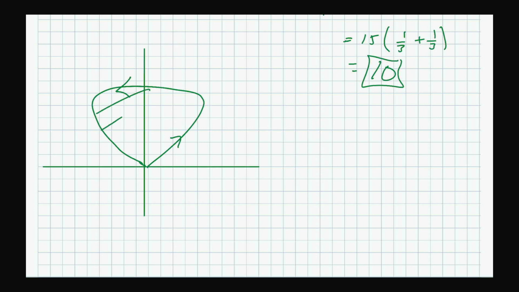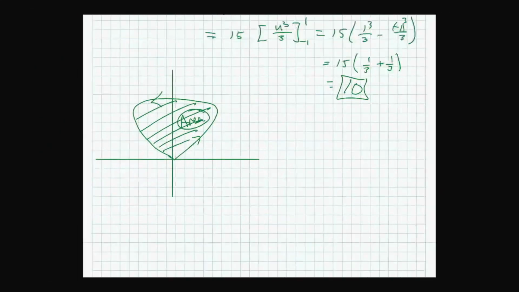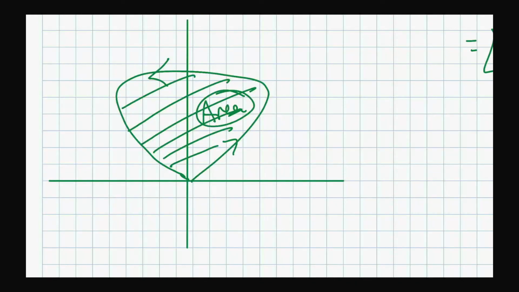And so that's the area that we were calculating. Okay, so it's a complicated shape. You never would have been able to calculate the area of a shape like that without doing this. I mean, you could have actually, because you have another formula for calculating areas in polar coordinates, but there we go.